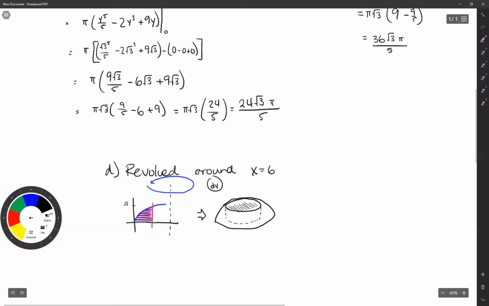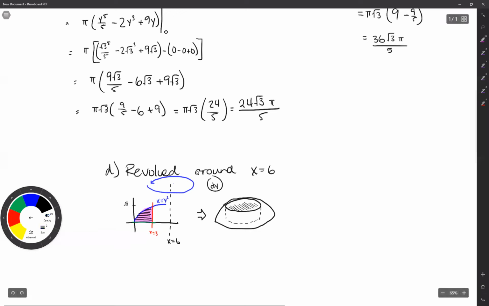Okay, so our axis of rotation is x equals 6. Our curve is x equals 3 right here. And in terms of y, our curve is x equals y squared right here.